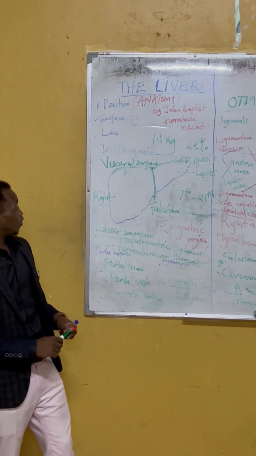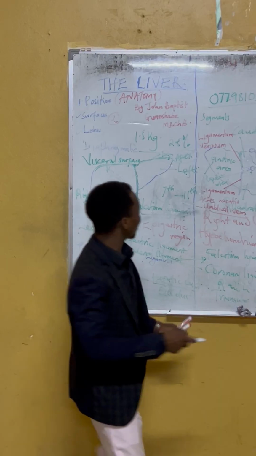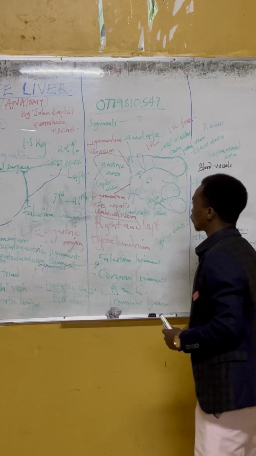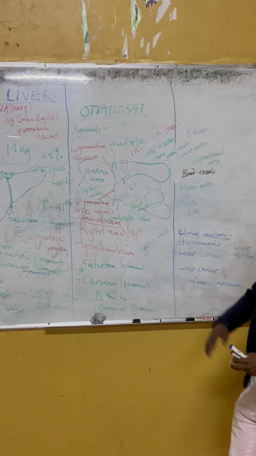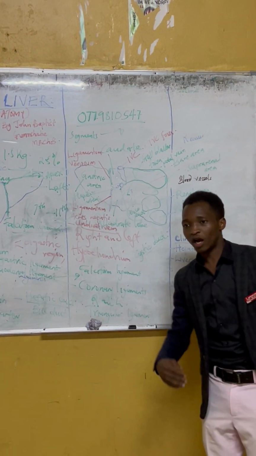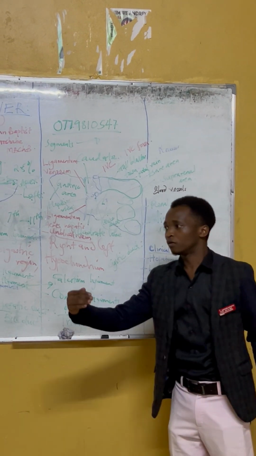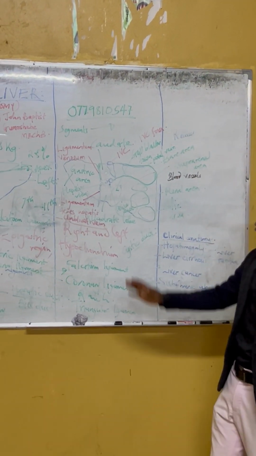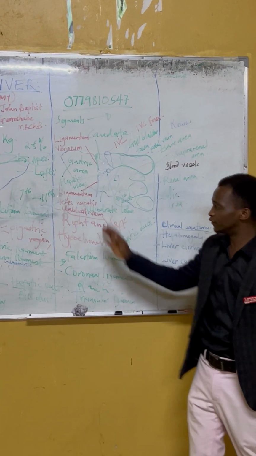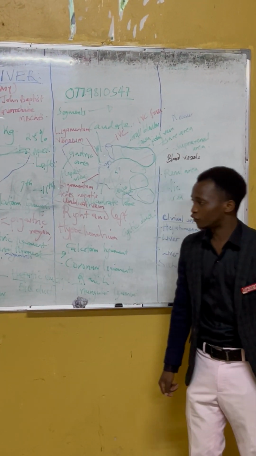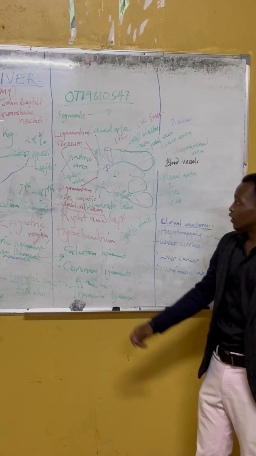Then the next one, we can talk about the segments of the liver. From all this work, we have discussed that the liver has two functional lobes, the right lobe and the left lobe, separated by the falciform ligament.